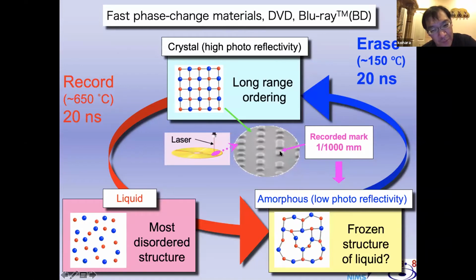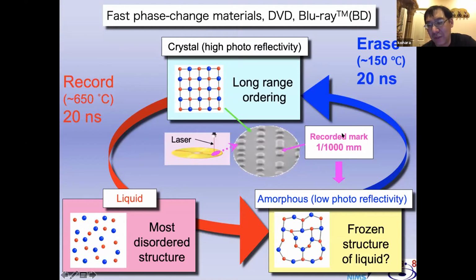This is an amorphous mark for DVD-RAM developed by Panasonic. And this mark means this is lower density, so volume becomes large in the amorphous phase. So this is very important.